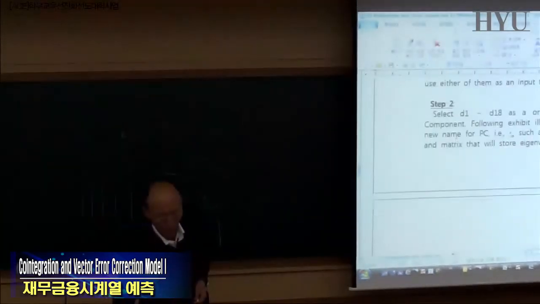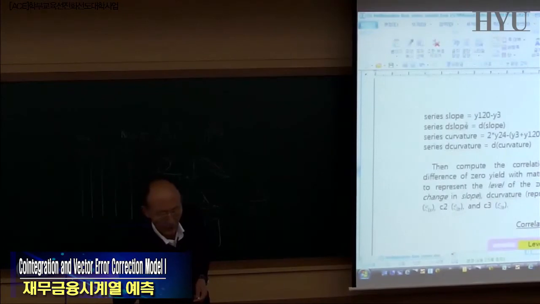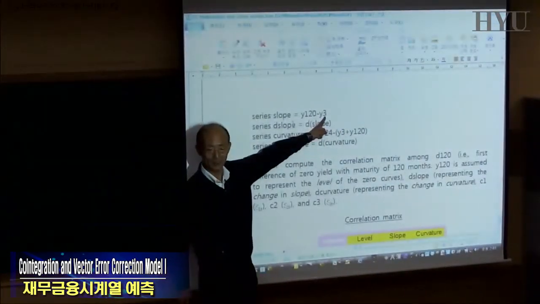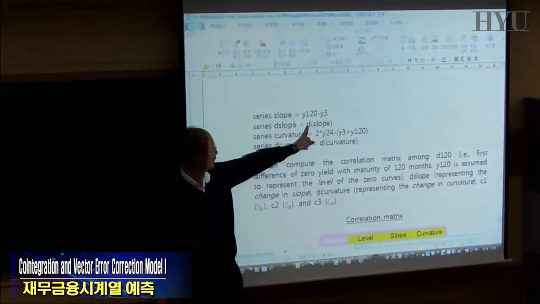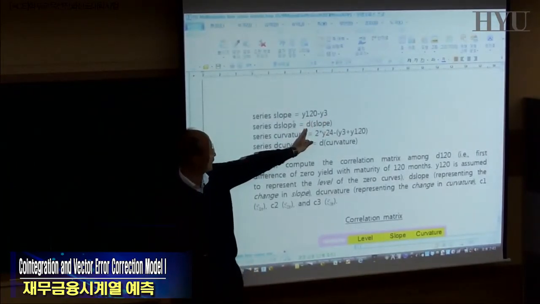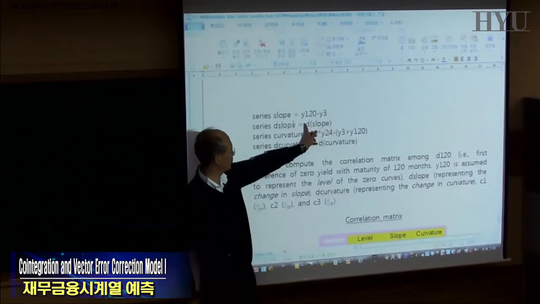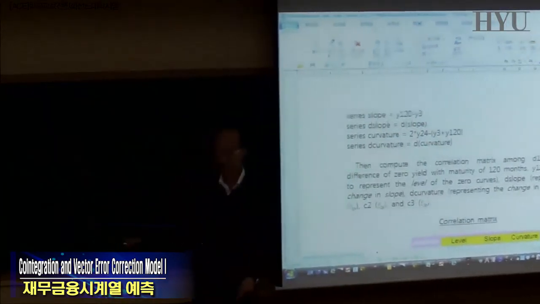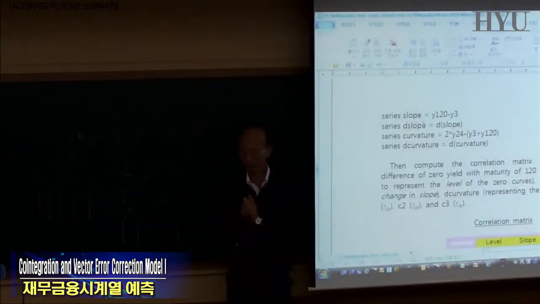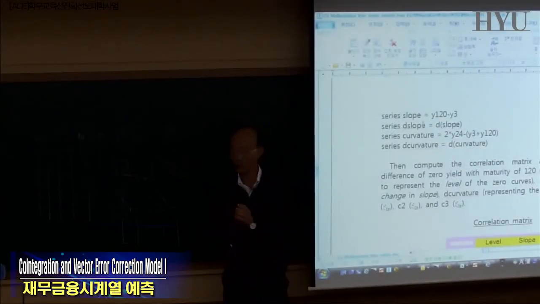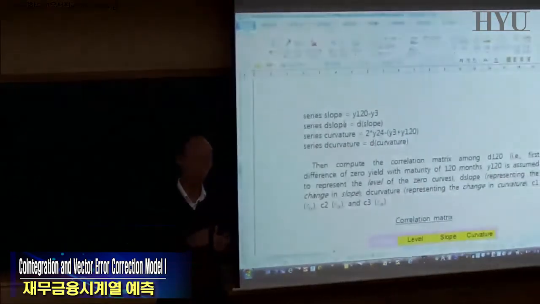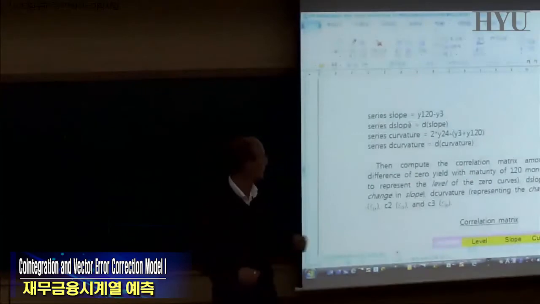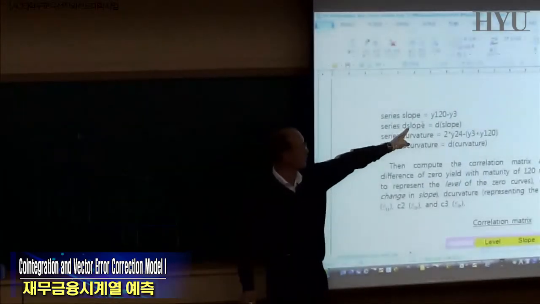And if you calculate slope in this way, and to make it stationary, take the first difference, and then calculate the correlation between this and the second one, it's going to be very high. So in that way, we conclude the second principal component from this analysis using spot rates is in fact slope.